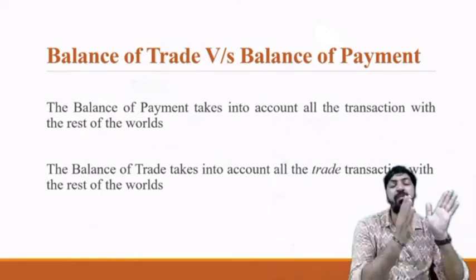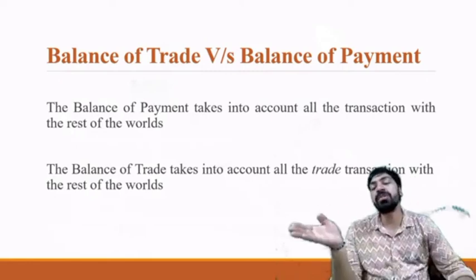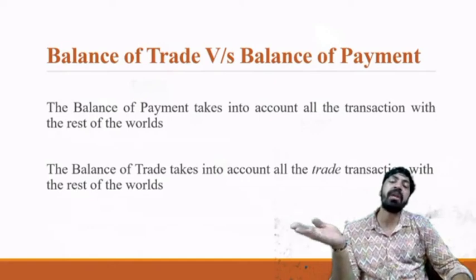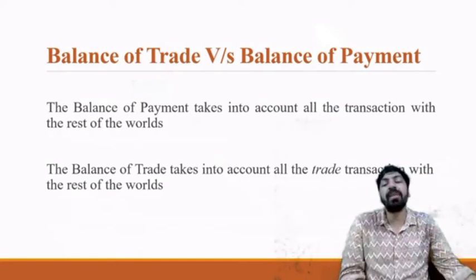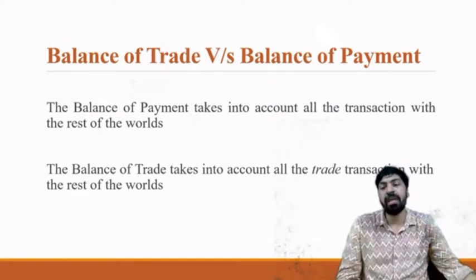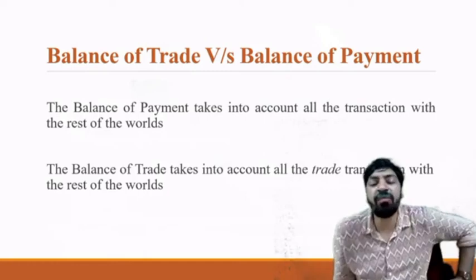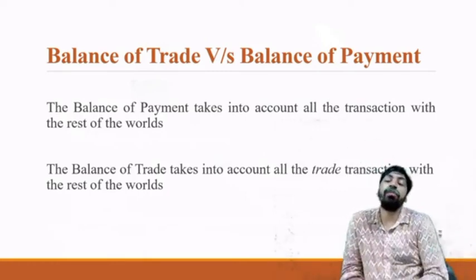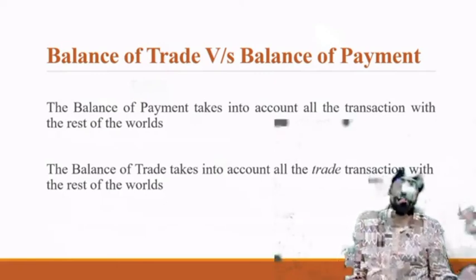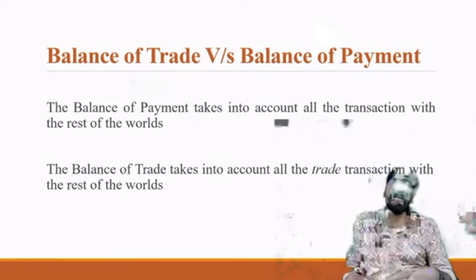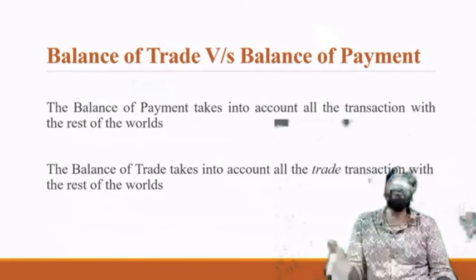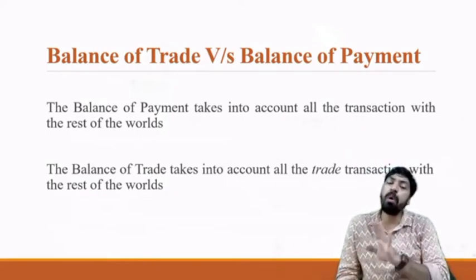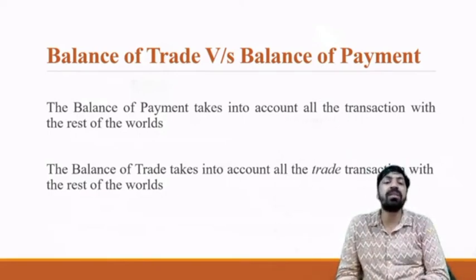Any product that comes from a foreign country to the domestic country is called an import. Whatever trade goes on between countries, from domestic to international, that transaction related to trade with the rest of the world is all included in the balance of trade.